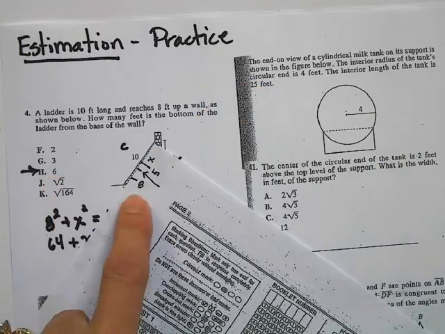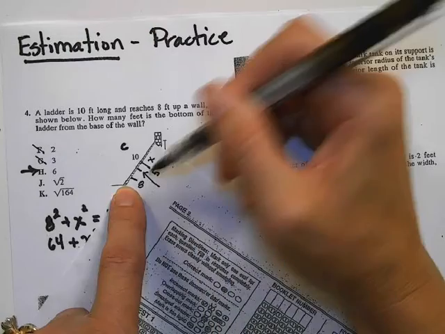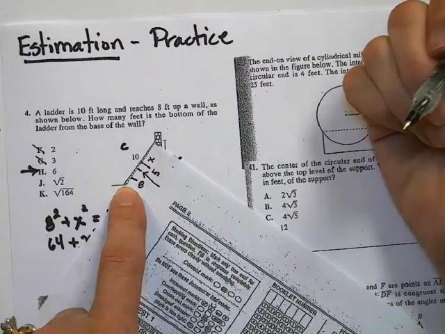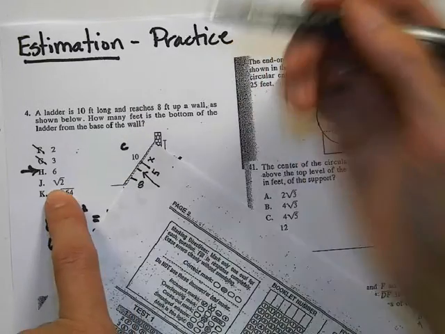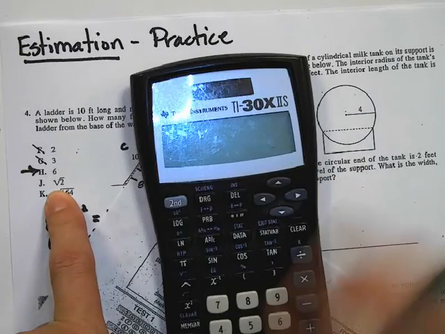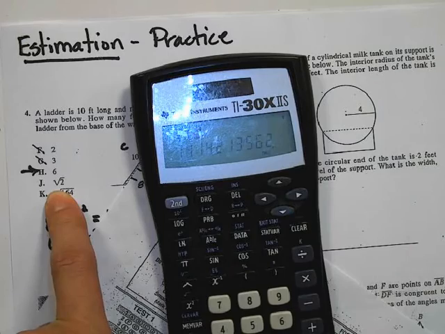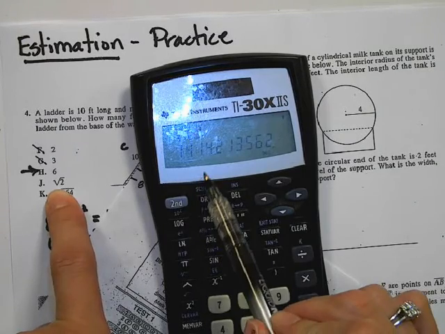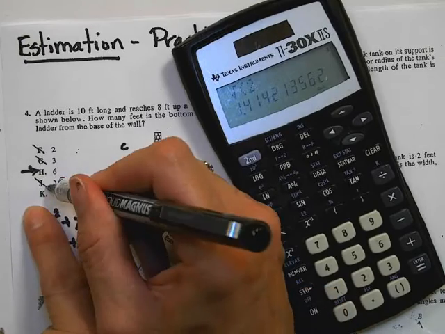Clearly we know the answer is 6, but if I didn't, then I could eliminate 2 of my choices just by measuring it and not doing any math at all. Square root of 2, you're going to find, is like 1.4 something. So if I put that in my calculator, which you may need to do, that is clearly not the answer, because again, I know the answer is between 5 and 8.